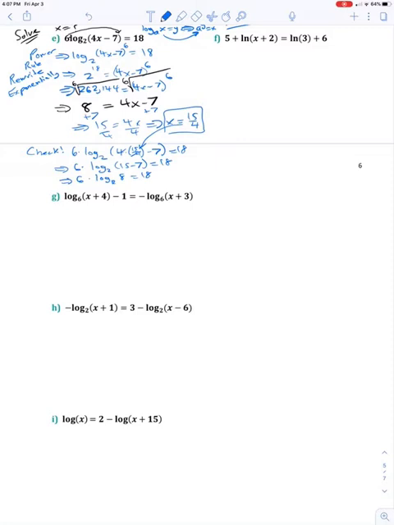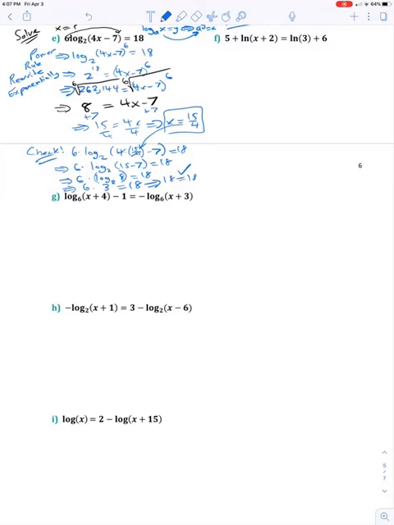And we all know what log base 2 of 8 equals. 2 cubed is 8, so all this is equal to 3. And yeah, we get 18 equal to 18. It checks. So you can take that time and check it. So again, that's a good one.